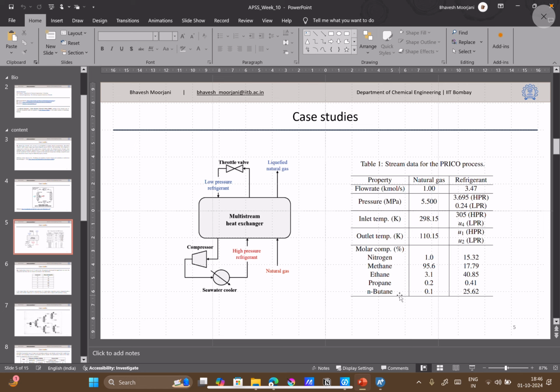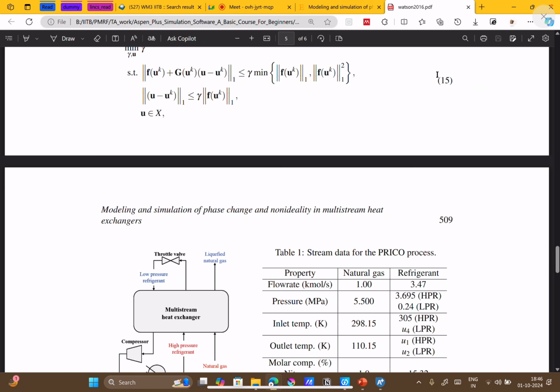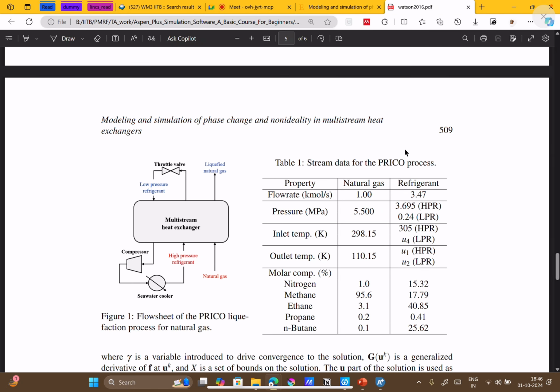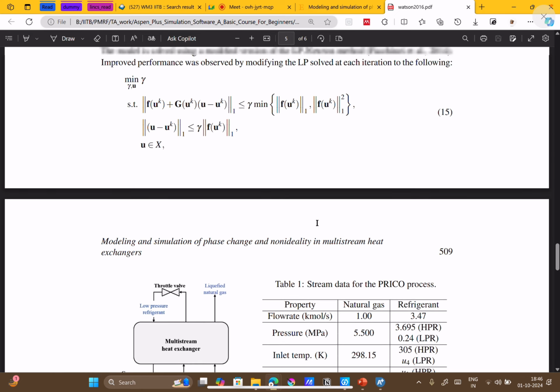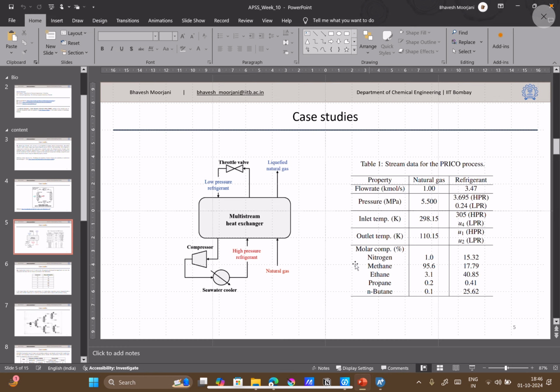Right now the information that I have selected is from this publication, Watson et al., who selected this refrigerant. But these are two different streams. They are not mixing together, only heat exchange is happening. So for the refrigerant loop, only heat exchange will happen with the natural gas, so that's a separate part. Okay, you got my point?